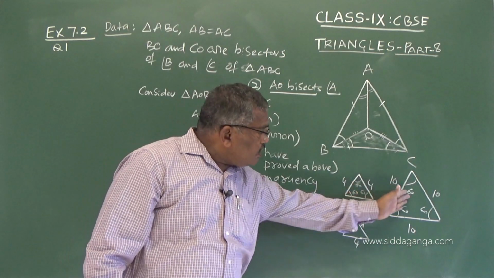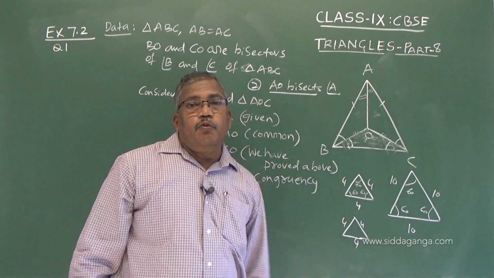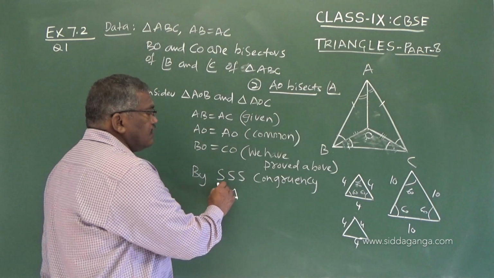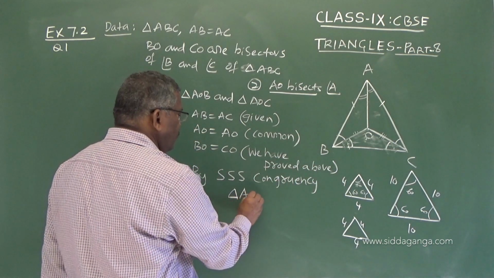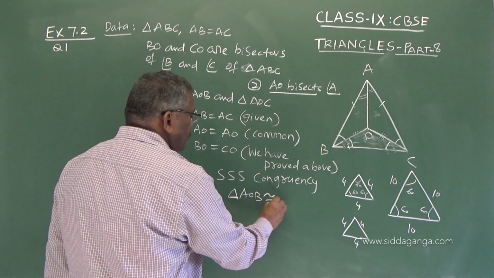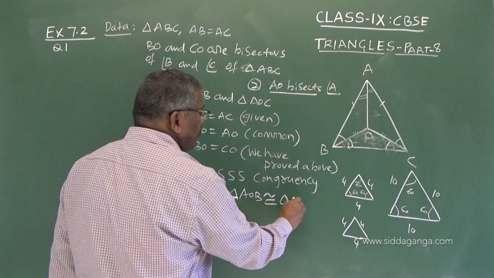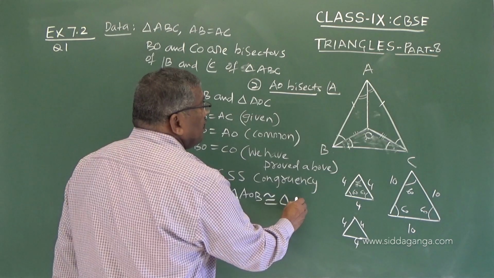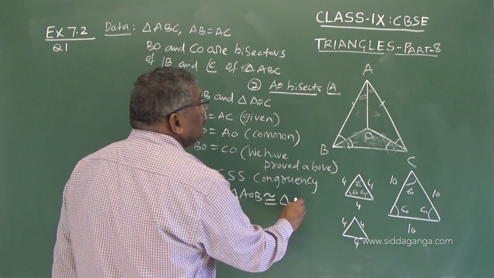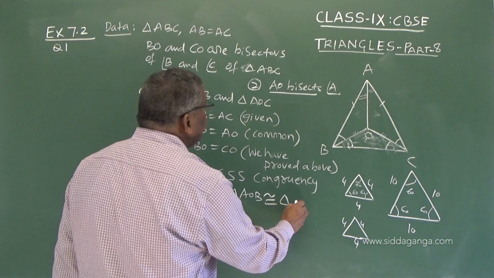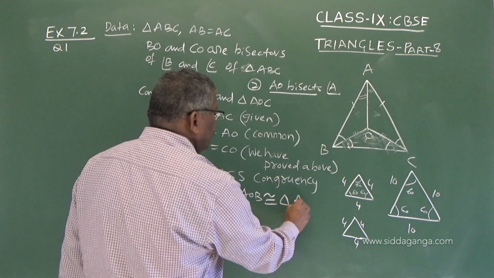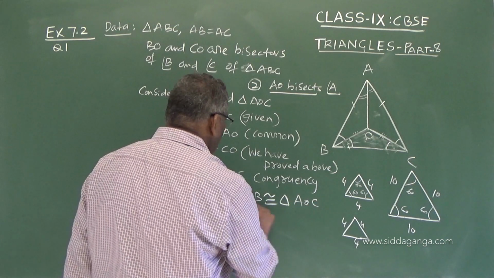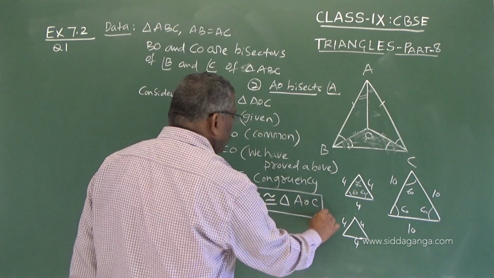In the similar case, angles are equal, sides are proportional. So therefore, by SSS congruency, triangle AOB is congruent to triangle AOC. So we have proved that they are congruent.